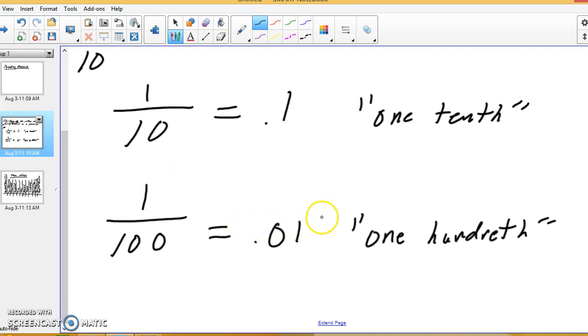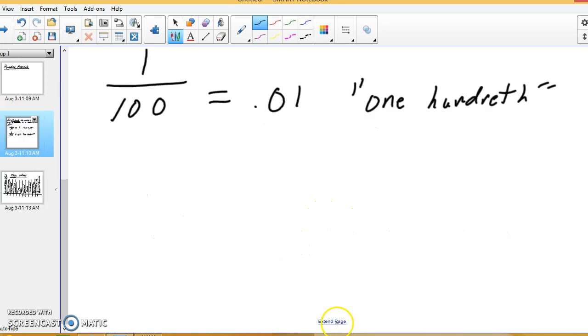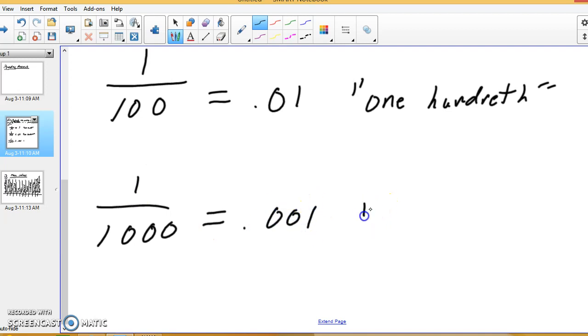It's only 1/100th full, and it can be written as a decimal in this form. Similarly, say you have 1,000 head of cattle and one cow gets sick. Well, then we say that 1/1,000th of your herd is sick.